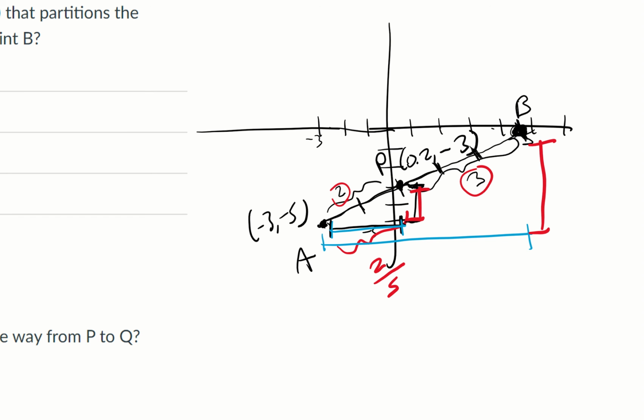So our goal is to move from A to where B is at. But in order to do that, I need to figure out the distance from A to P in the x and then in the y.